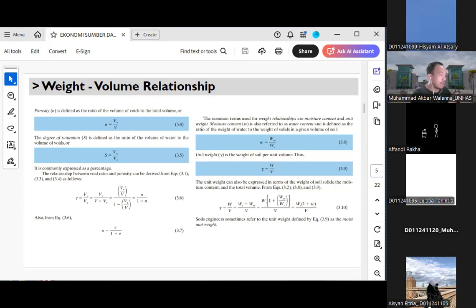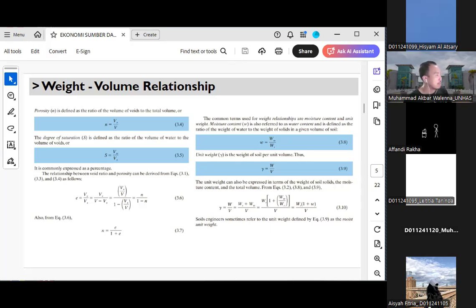That's why the conversion between void ratio and porosity can be represented in the formula you see in the slide. Basically, void ratio and porosity are linearly correlated.